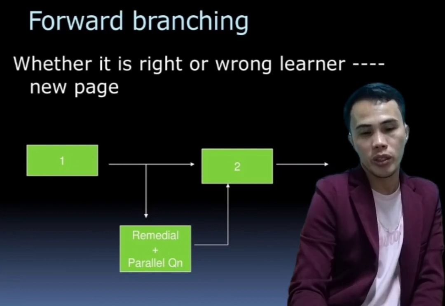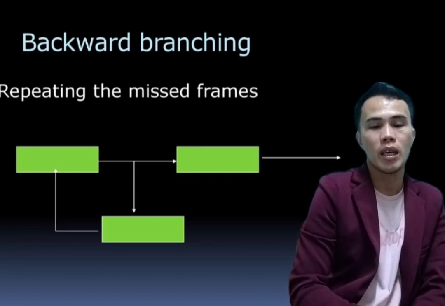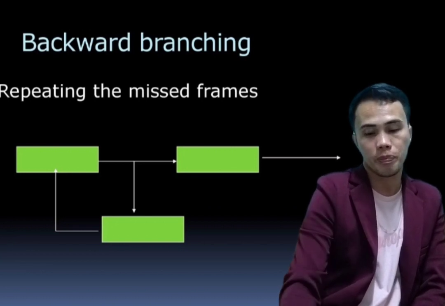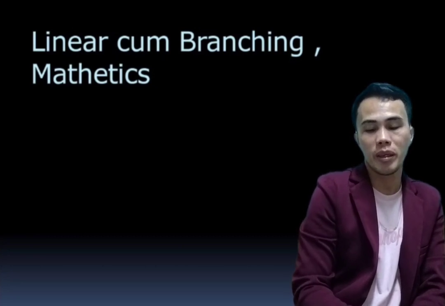That is forward branching. We also have backward branching. In backward branching, we repeat the missed frames, so we're going to repeat all the missing frames. So linear branching or the mathematics.